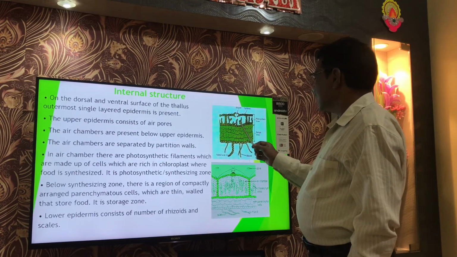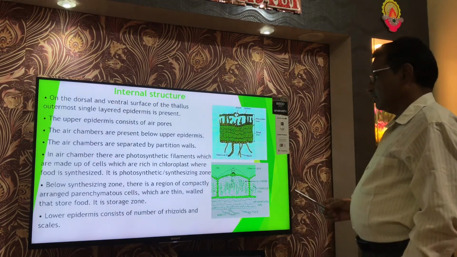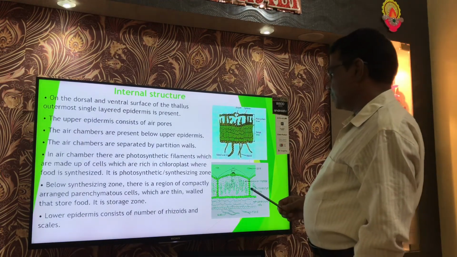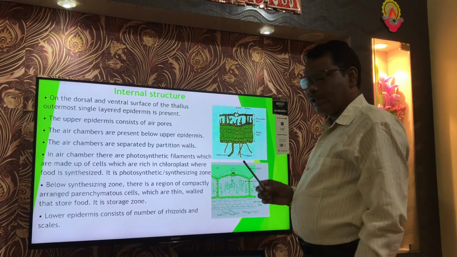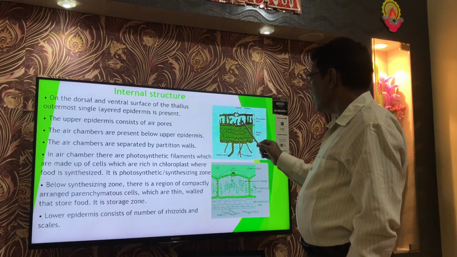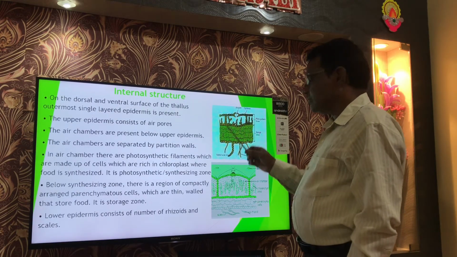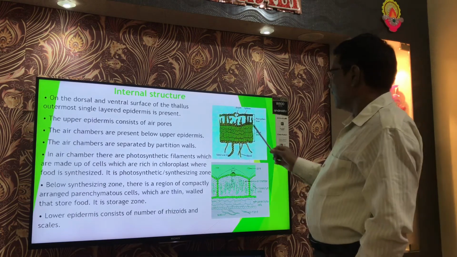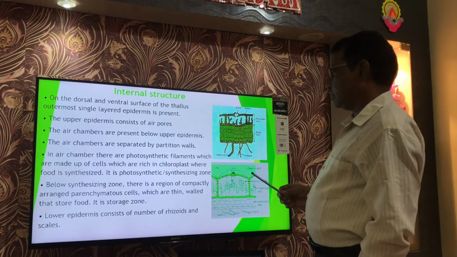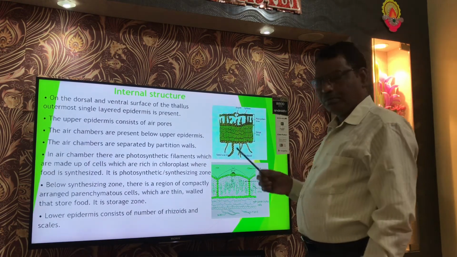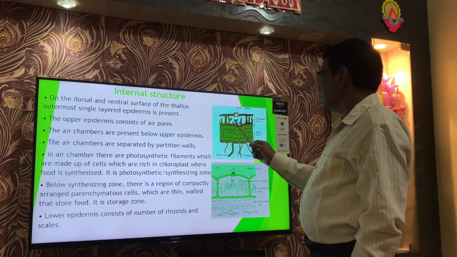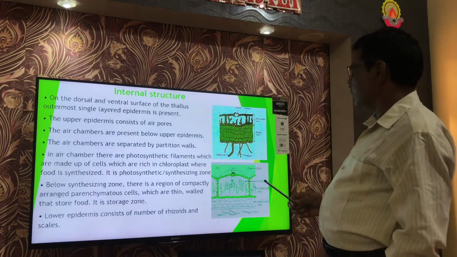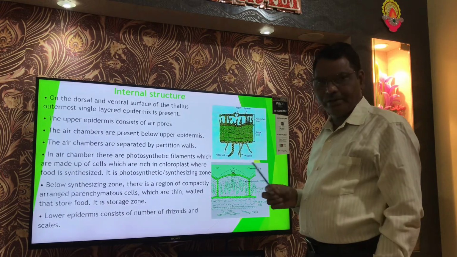All these are commonly called photosynthetic filaments. Why are they called photosynthetic filaments? Because each cell of this filament is green, contains chloroplast and performs the function of photosynthesis, and therefore these are called photosynthetic filaments or photosynthetic lamellae.